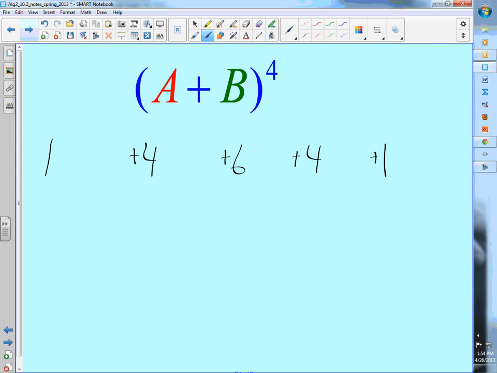The next thing I do is take an A, the first term in the binomial, and every one of these is going to get an A. And then I take my power 4, and I put that 4 on the first A. And then I just count down. 4, 3, 2, 1, 0.